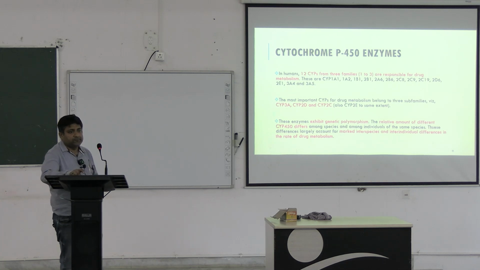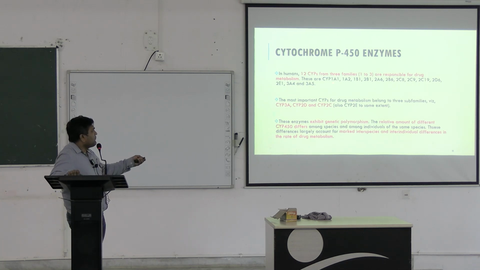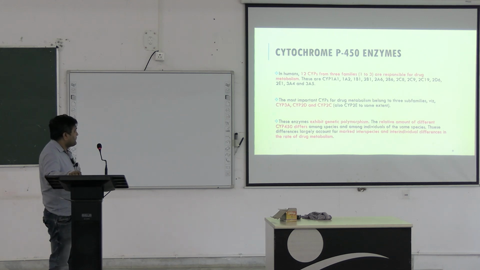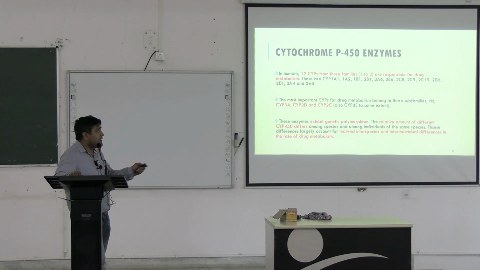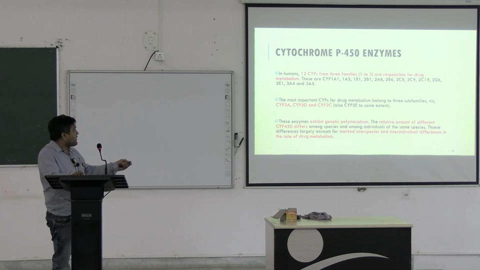the drug metabolism. These include CYP1A1, 1A2, 1B1, 2A6, 2B6, 2C8, 2C9, 2C19, 2D6, 2E1, 3A4 and 3A5. Of them, 50% of drugs are metabolized by the CYP3A family, and the rest 25% by CYP2D.